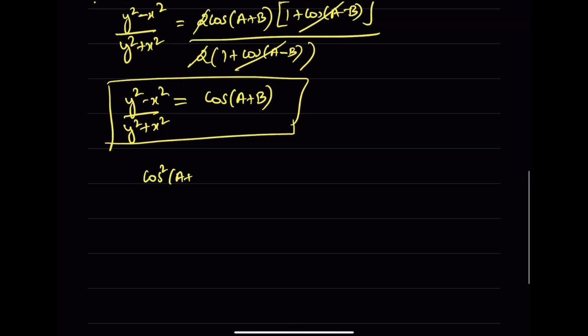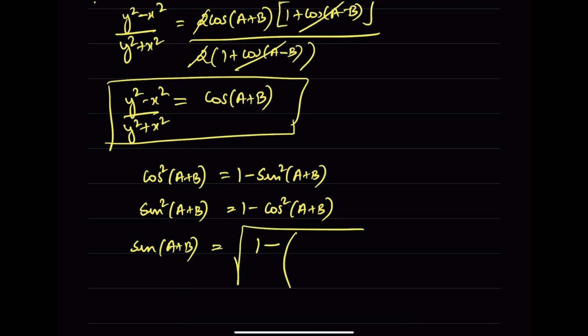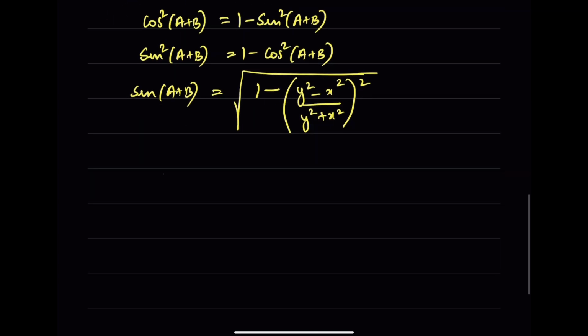Cos square of A plus B is equal to 1 minus sine square of A plus B. So we can write sine square of A plus B is equal to 1 minus cos square of A plus B, and sine of A plus B is nothing but square root of 1 minus, let's apply the square of this cos of A plus B. It would be y square minus x square divided by y square plus x square, the whole square. Now it is just solving this, nothing more than that.